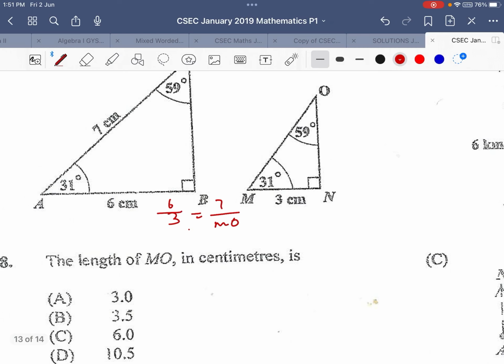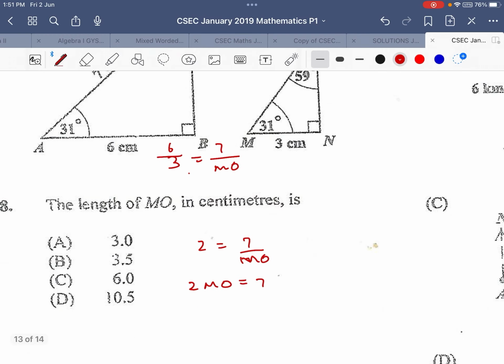So 2 would be equal to 7 over MO, and you use some algebra to figure this out. So you cross multiply. 2 times MO is equal to 7, and MO would just be 7 over 2, which is 3.5 centimeters.